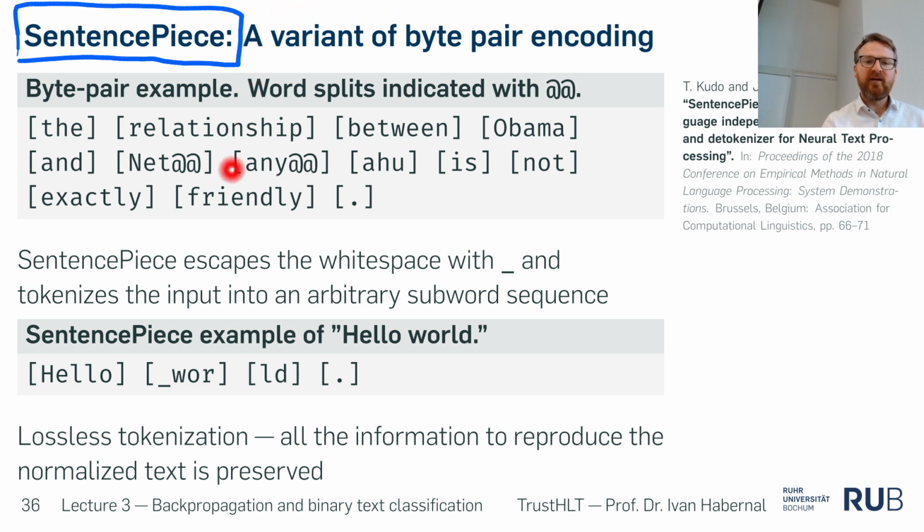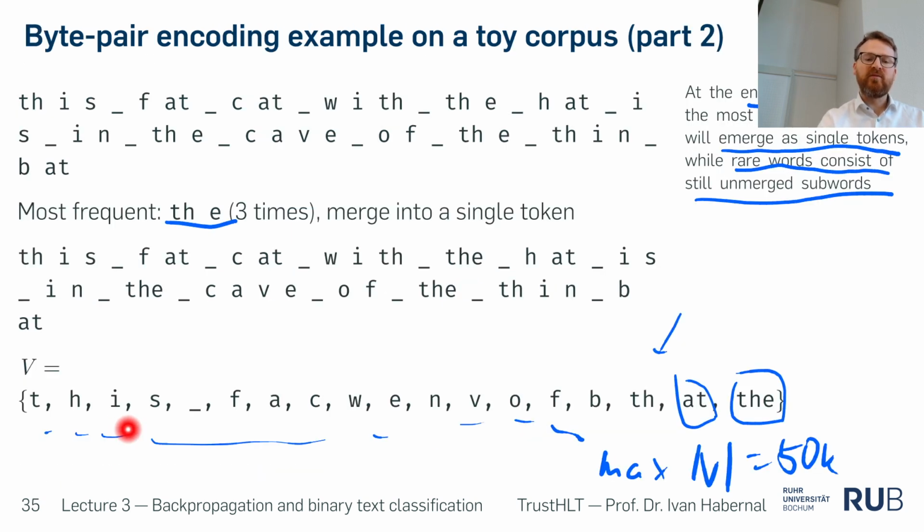It's basically the same sort of thing: start with the letters and build up the subword units. But it has a very nice property. It also keeps the white spaces. So you can reconstruct the original text from SentencePiece, which is not the case for byte pair encoding, where you took the spaces in between into account somehow.